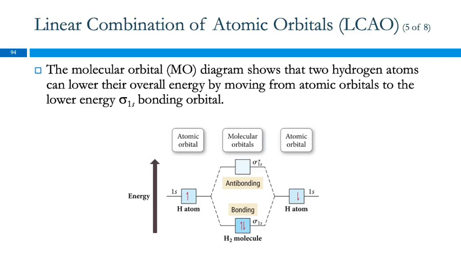I skipped this slide. Okay, here's a molecular orbital diagram. So again, energy going up. Here is the orbital diagram for a hydrogen atom. It's got 1 electron in a 1s orbital.